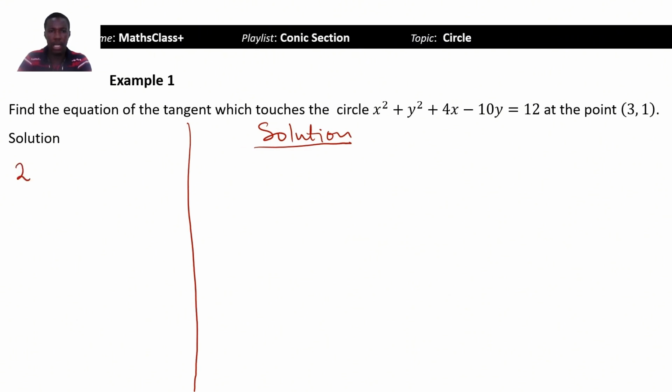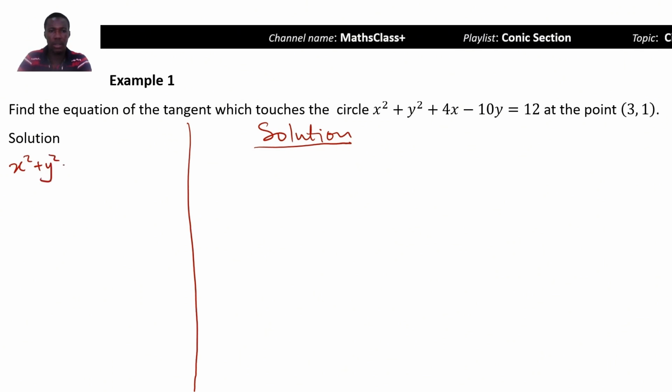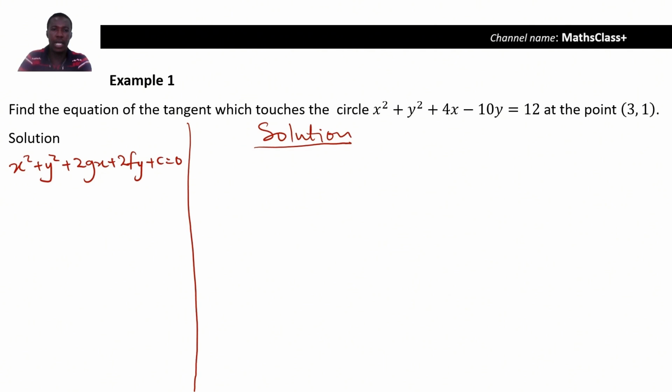So our circle, when we compare with the general formula, x squared plus y squared plus 2gx plus 2fy plus c equals 0, we find that our 2g is equal to 4.